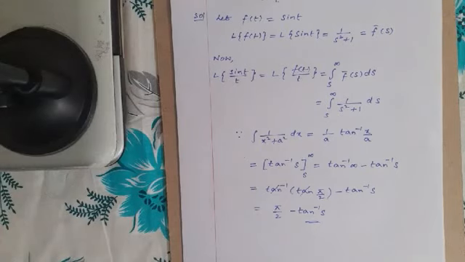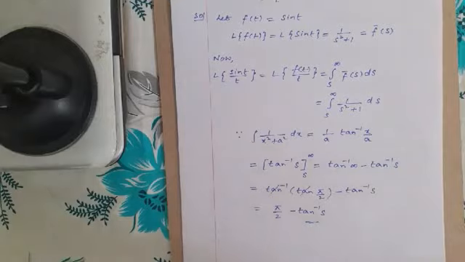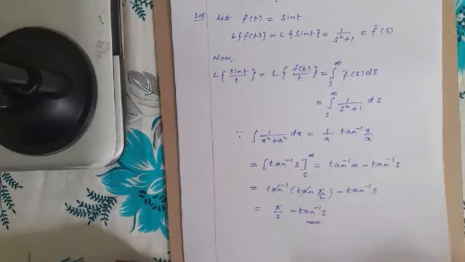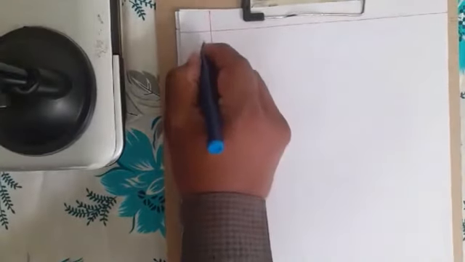Now let us do the second problem based on division by t. I am writing the second problem here; the first problem we did already. This is a very important problem.